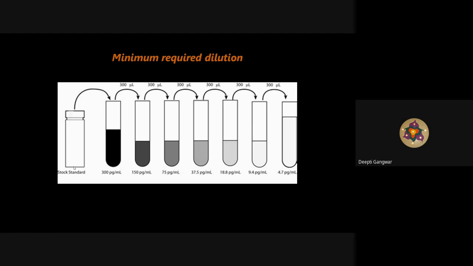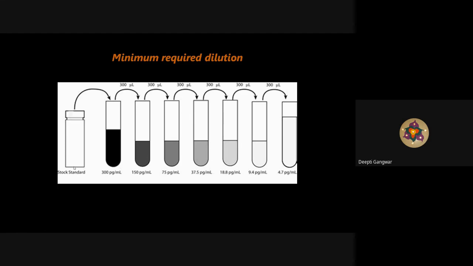Suppose 75 after calculation is giving you X ppm, then 37.5 should give you 0.95x, and this 18.8 might give you 0.80x, but they will always be correlating in the range of 80 to 120% of your X. That means there is one concentration that I have reached where the values of my HCPs that I am getting are within a range.